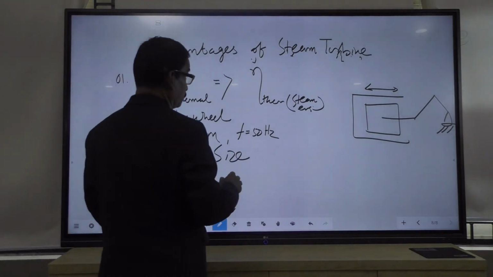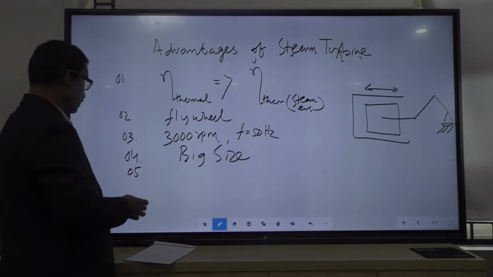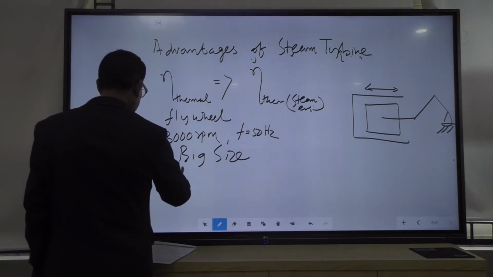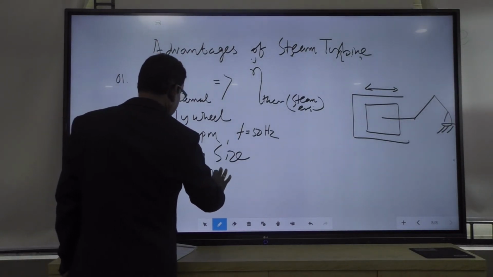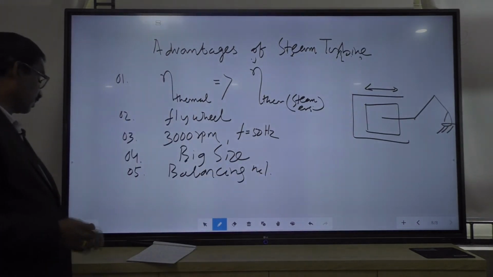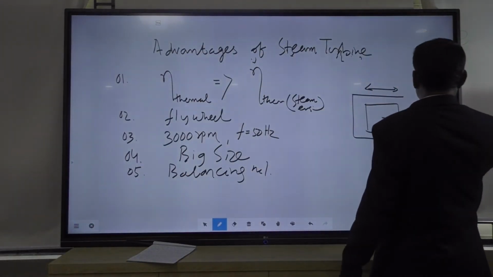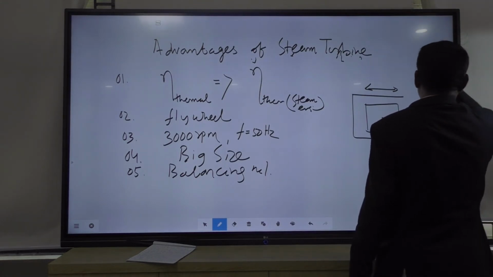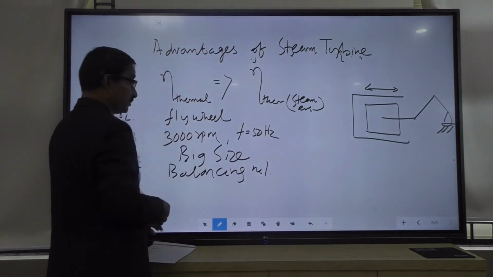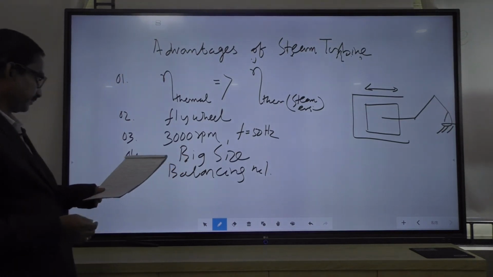Only blades are there, which are rotating. So balancing is not a criterion here. Balancing is nil for a steam turbine. In a reciprocating engine, the imbalance forces developed have to be balanced at the crankshaft, but here there is no crankshaft. So there is no need of any balancing.